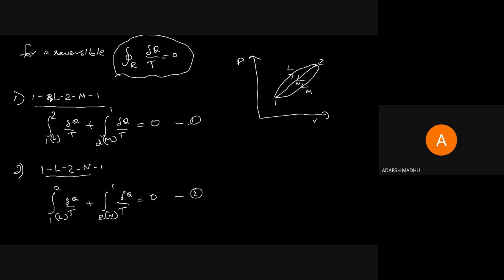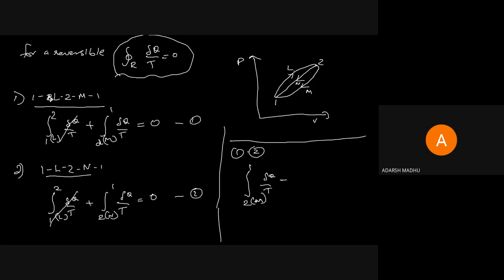So, first minus second. This is the same equation, so by subtracting, the common term gets cancelled and only the remaining terms are left: the integral from 2 to 1 of M dq by t minus the integral from 2 to 1 of N dq by t equals 0.